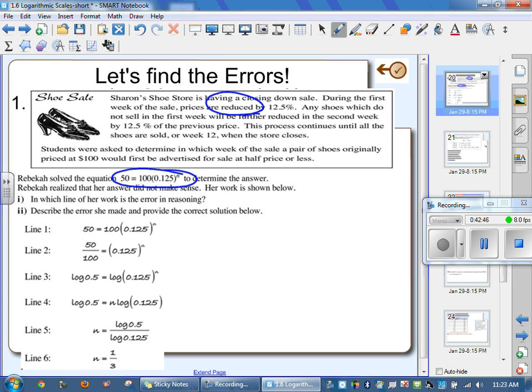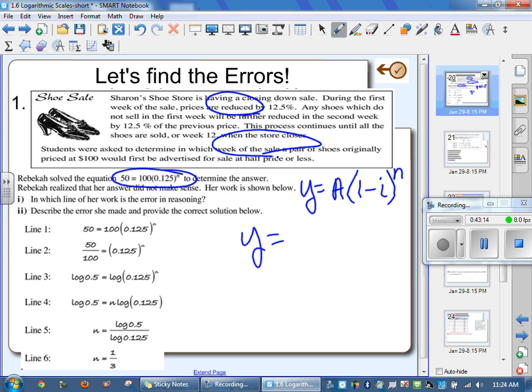Now, where is the 100 coming from? It says students were asked to determine which week the sale of a pair of shoes originally starts at $100. So that's my starting amount, actually it's P, $100 for this pair of shoes.